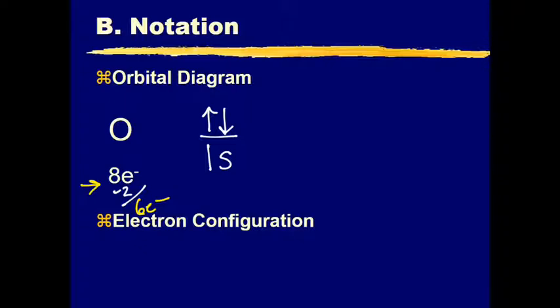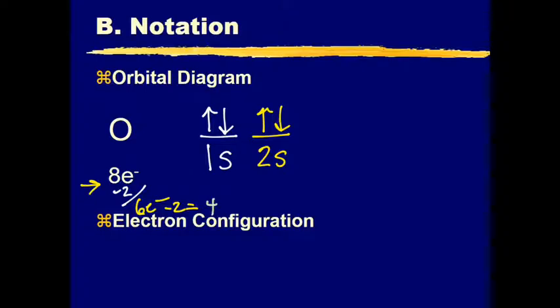Go find one of those pictures we were looking at for level filling, whichever works best for you. Next is 2s. Again, an S sublevel only has 1 orbital, so there's the one line, but it can hold 2 electrons. Great. Now we've got to find a home for 4 more electrons.